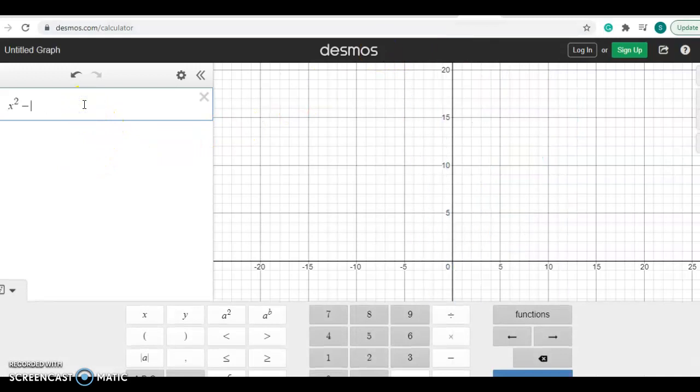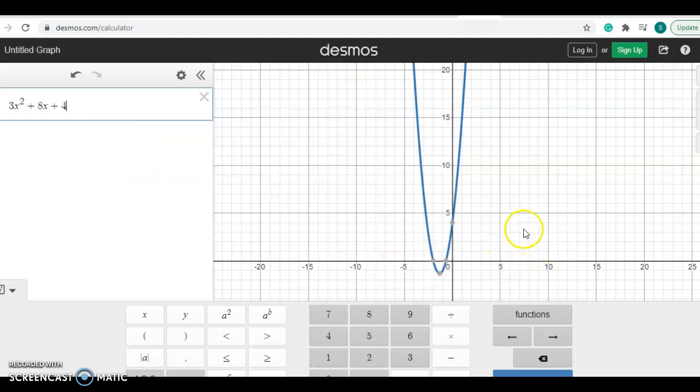We come here and we type 3x squared plus 8x plus 4, and then we hit graph, and then we are going to look at the x-intercepts.